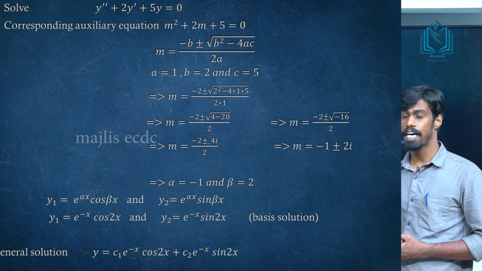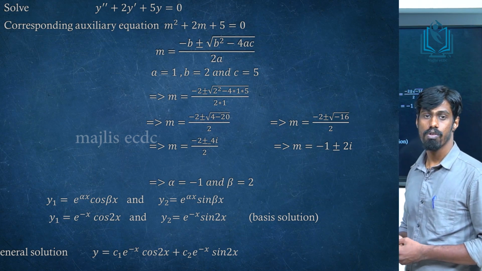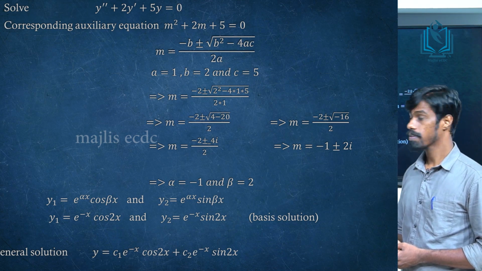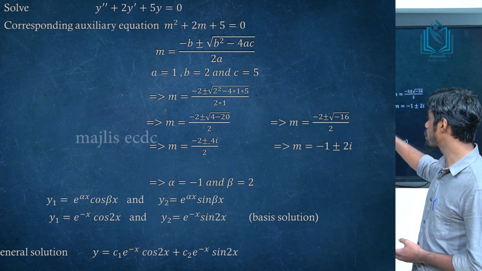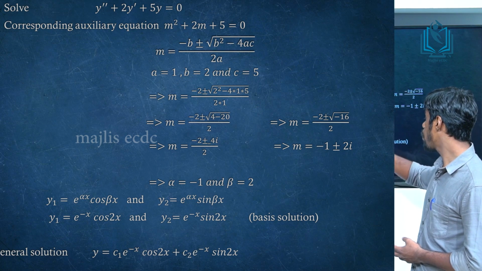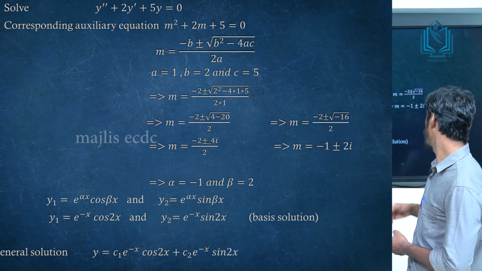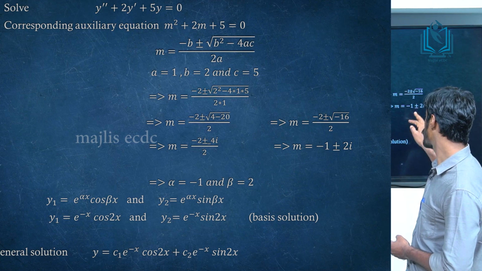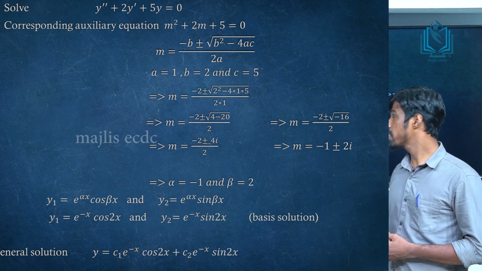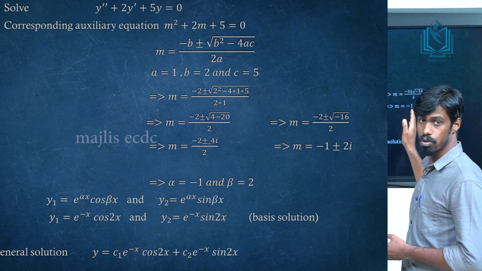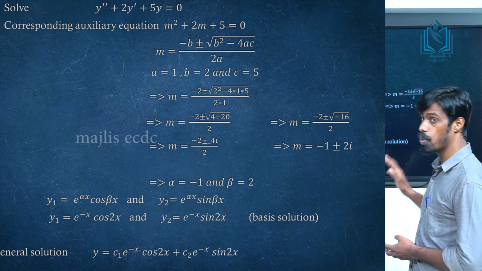We already know that root minus 16 is equal to 4i. That implies m is equal to minus 2 plus or minus 4i all divided by 2. That implies m is equal to minus 1 plus or minus 2i. Here this is the complex root, minus 1 plus or minus 2i.